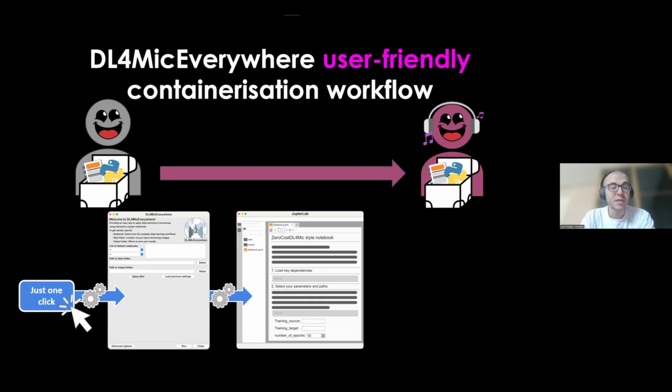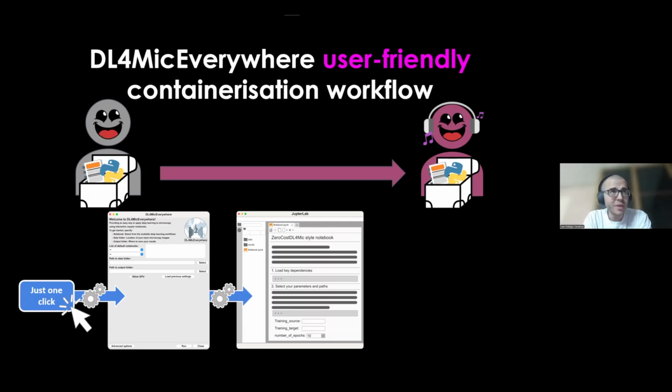And once everything is installed, it will pop up this graphical user interface where you just need to choose the notebook that you want to use, the path where you have your data for training or using your notebook, and where you want to save your results. Then if you have a GPU, you can choose to use it or not. And then by clicking run, it will take care of taking it from Docker Hub or building this Docker image locally.